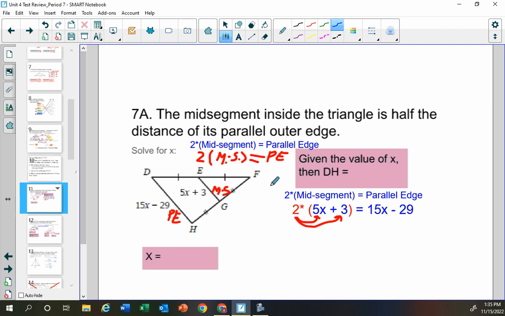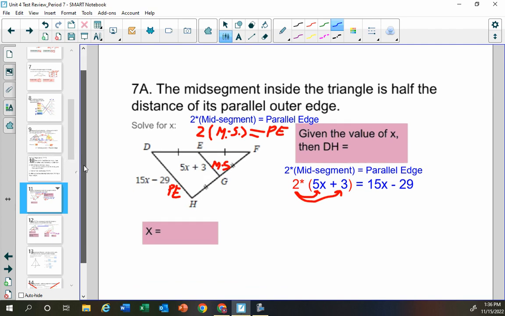Again, the most important part, identification. Identify that mid-segment. Identify that parallel edge. And then you have to do the 2 times your mid-segment. Again, some of us forgot to do that 2 times, and as a result, a mistake took place.